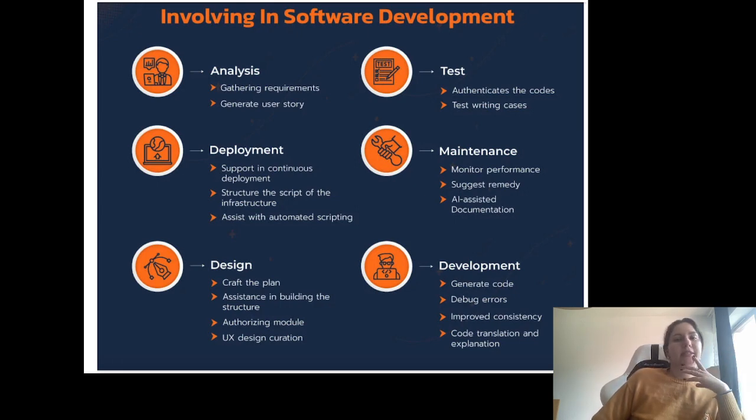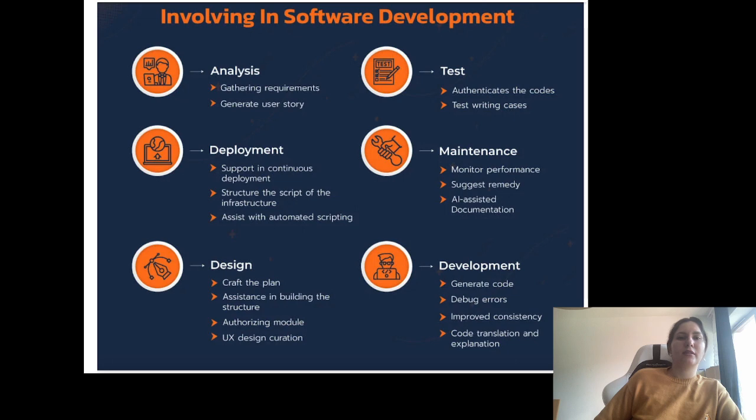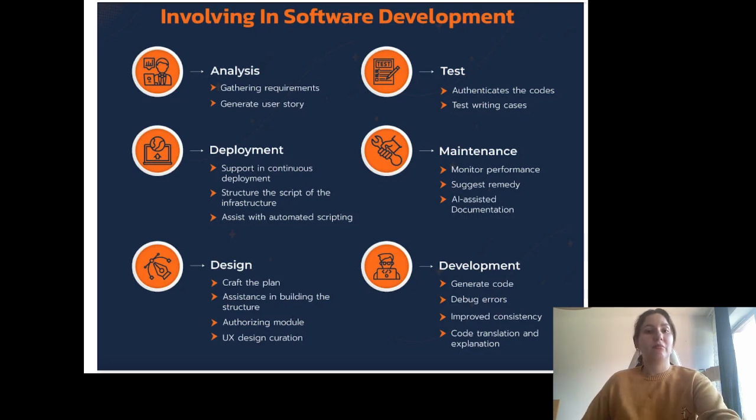Intellectual property rights become blurry when AI autonomously creates code. Lastly, the black box nature of AI poses a challenge. Understanding the intricate decision-making process of these systems remains elusive, making it difficult to ascertain why certain recommendations are made.